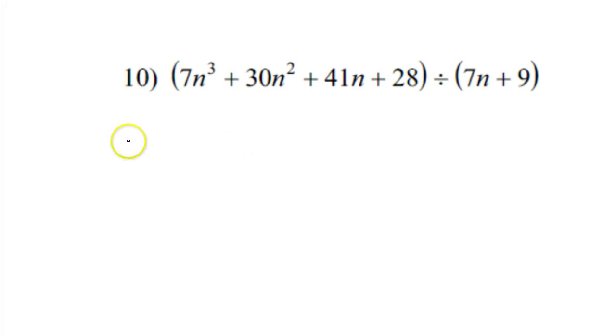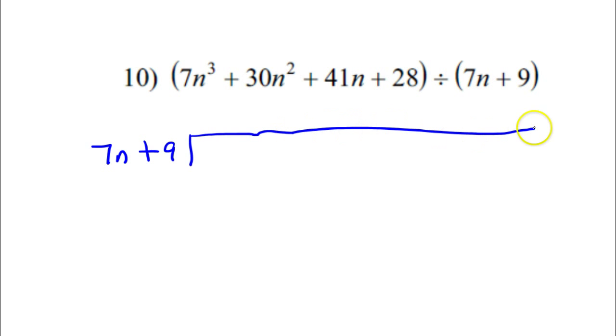So I'm going to have my 7n plus 9 out front. Okay, 3, 2, 1, 0. So nothing's missing this time. So 7n to the third power plus 30n squared plus 41n plus 28.